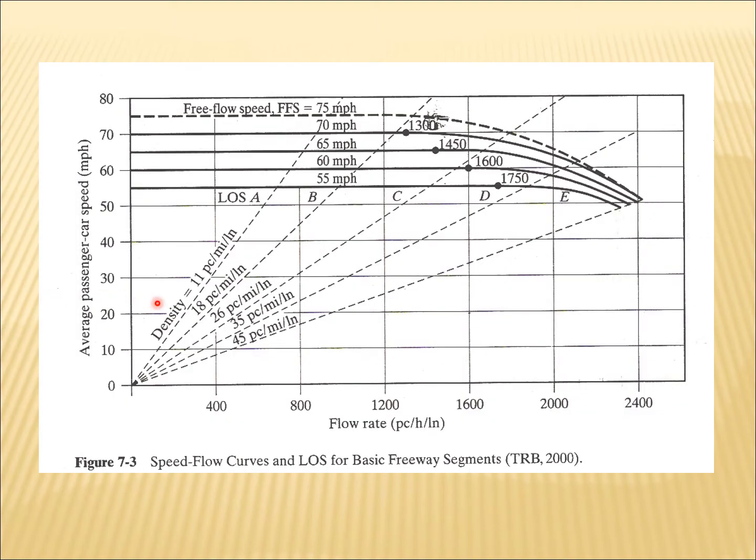This is Figure 7-3, and you can see that this portion is level of service A, this portion is level of service B, this is level of service C, and this is level of service D. This one is showing level of service E. So if your point lies in these different segments, you can get the level of service very easily.